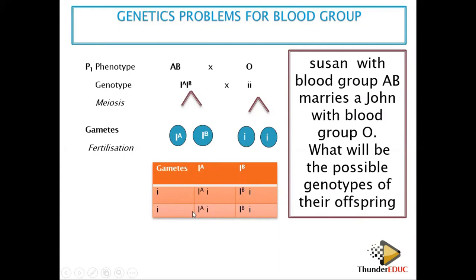So those are the genotypes of the offspring. For the F1 generation, you're going to have I A i and I B i. These are the genotypes of F1. Why not others? Because this and this are the same, so two of them, and this and this are the same, two of them.